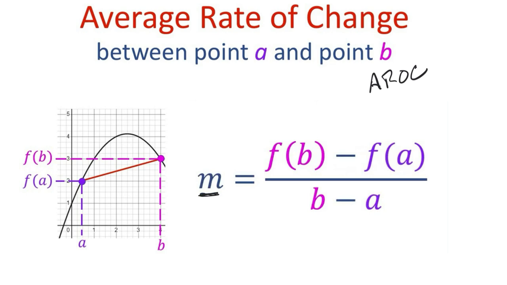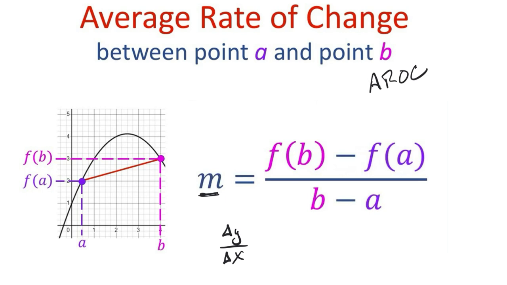Our old formula from Algebra 2 and before was y2 minus y1 over x2 minus x1. We could call that delta y. Delta means change in. It's a Greek letter, so change in y over change in x. But as you move forward in math, we change the way things look from a kind of elementary view to, we try to make us feel better about ourselves being math people.